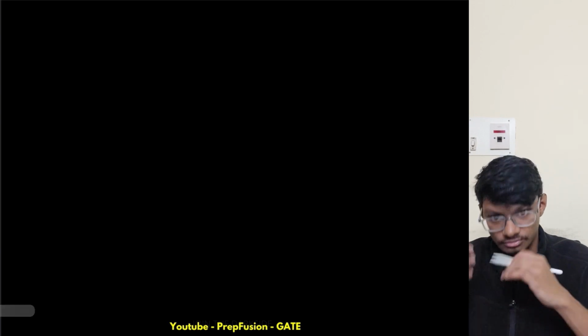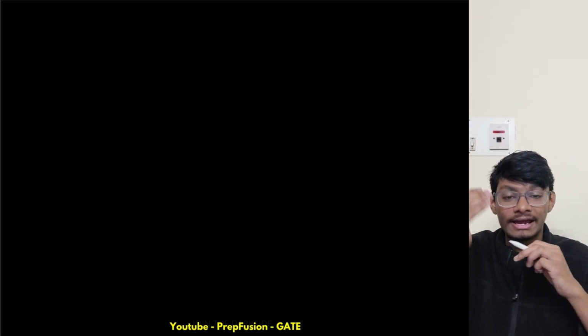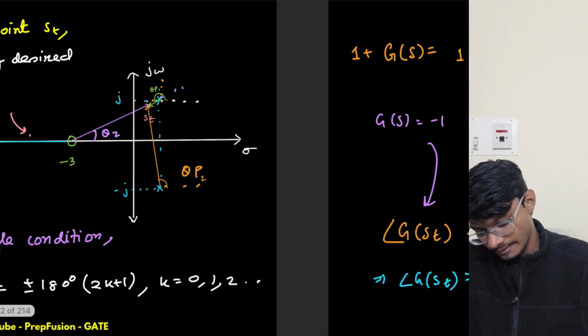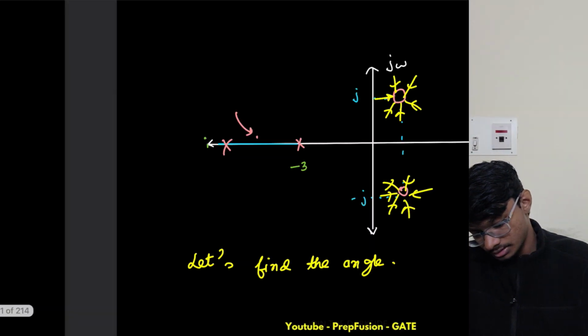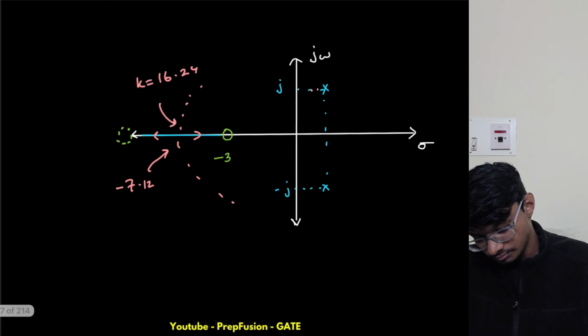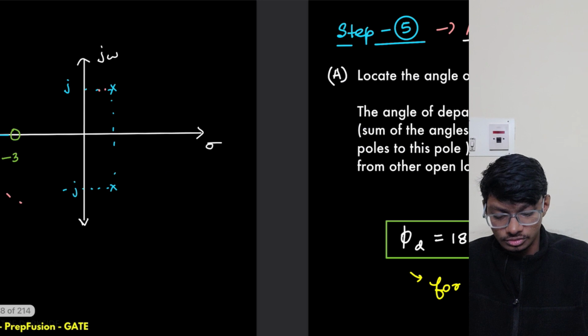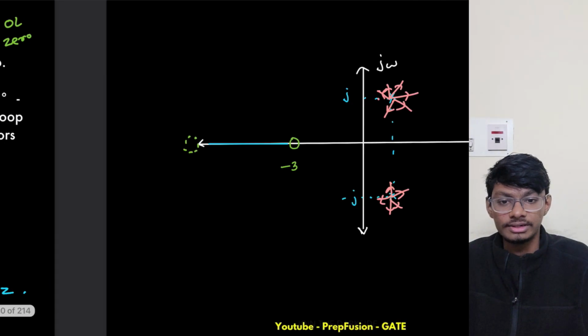So yeah, now let's obviously come back to the real question. We have to find the angle of departure in this case, right? Why? Because I had 2 complex conjugate open loop poles, so not the arrival, I have to calculate the angle of departure.